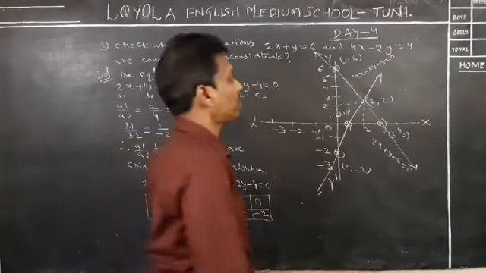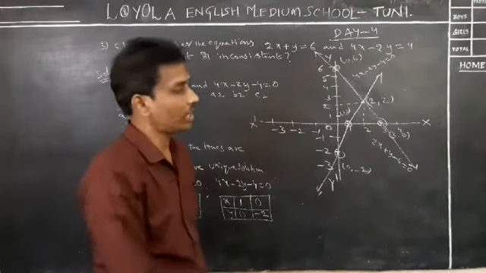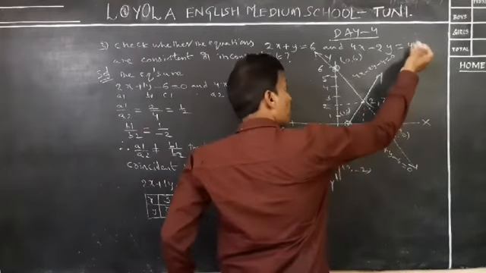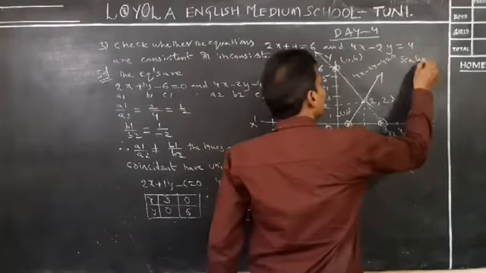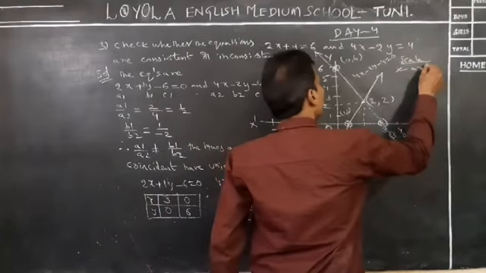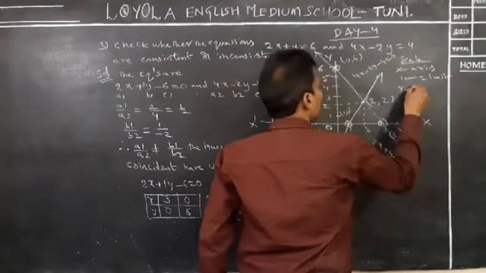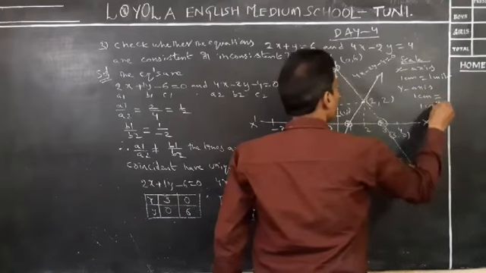For all graph problems, I told you when we did the third chapter, at the top of the right side corner, better you write here scale. Scale means what? On the x-axis 1 centimeter is equal to 1 unit, and on the y-axis 1 centimeter is equal to 1 unit.